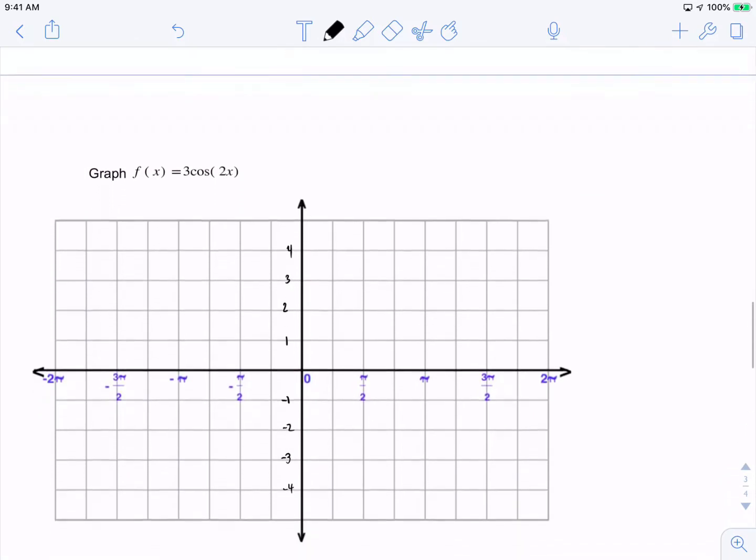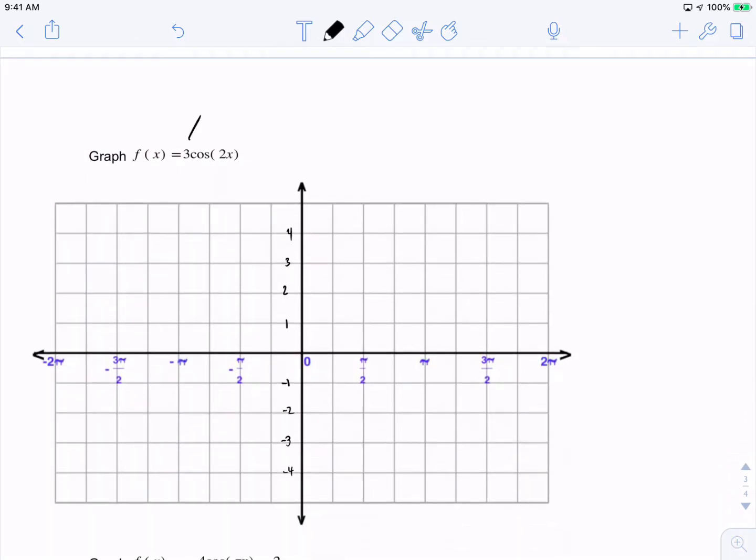So now let's include an amplitude and a period change. We can see that the period change for this one is basically going to be halved. So that 2x, remember, the period is going to be 2 pi divided by 2, which is telling you that the period is going to be pi. And the a for this one is going to be 3.